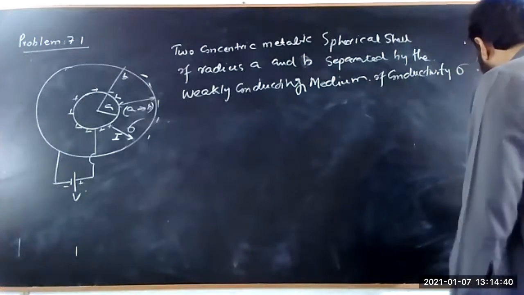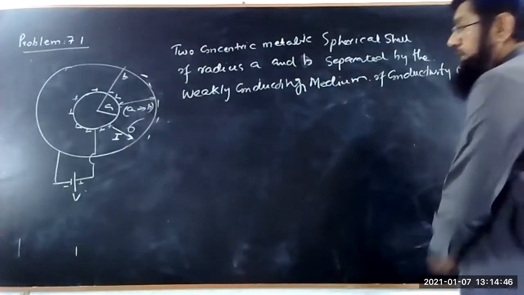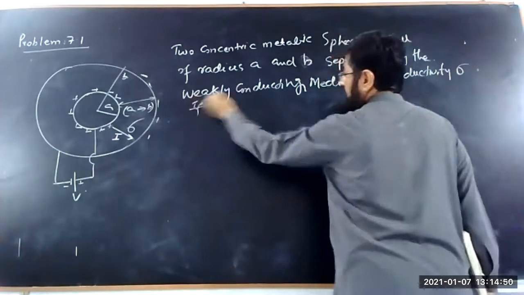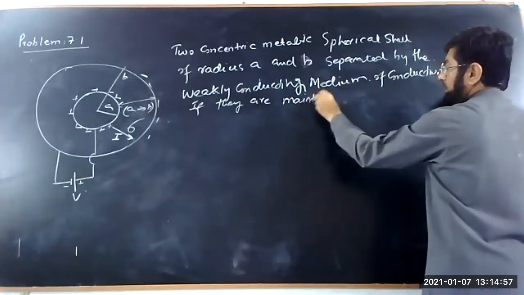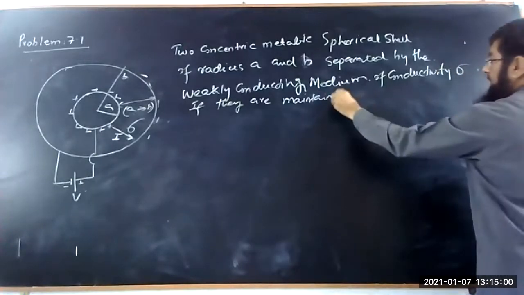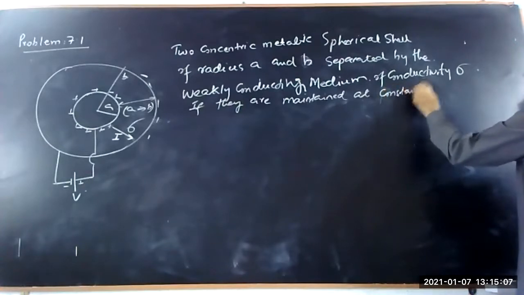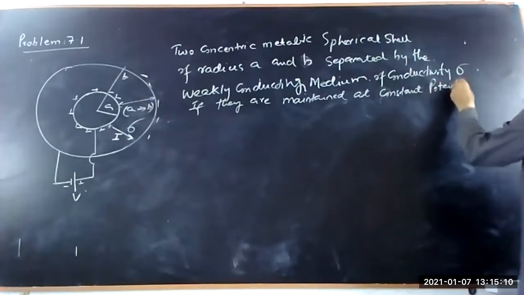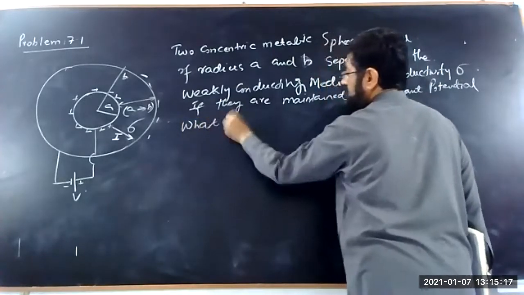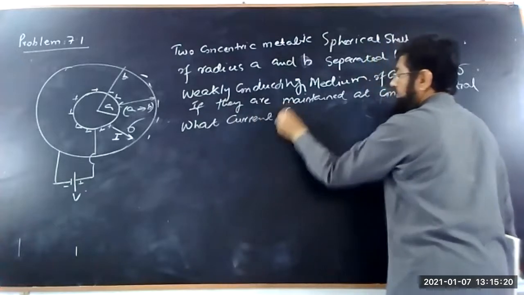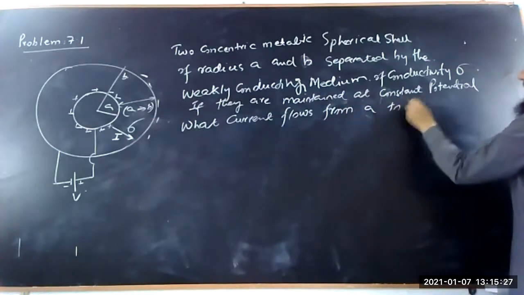Now, if they are maintained at constant potential, what current flows from A to B?